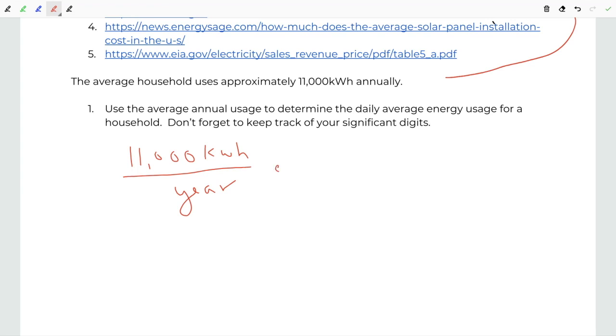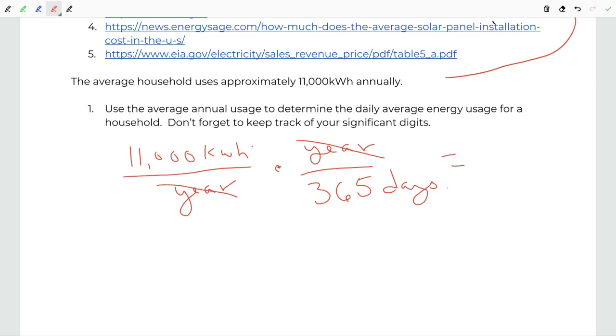So normally we would multiply that by another fraction, which is that 1 year contains 365 days. And that way we can cancel off the years and we can have kilowatt hours per day.